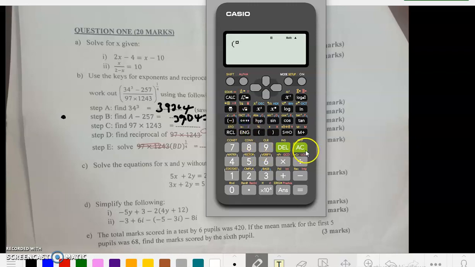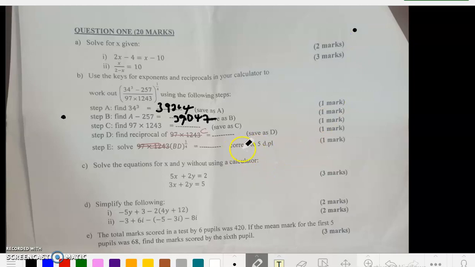So we recall B, then multiply by recall D, then close the bracket and raise this to 1 divided by 4, so that what you get is 261.943. Now you are to put your answer to 5 decimal places.